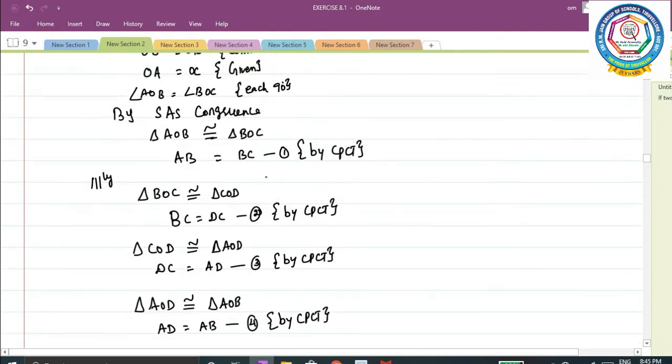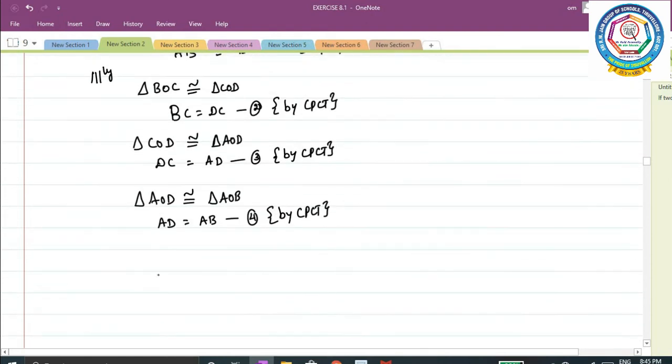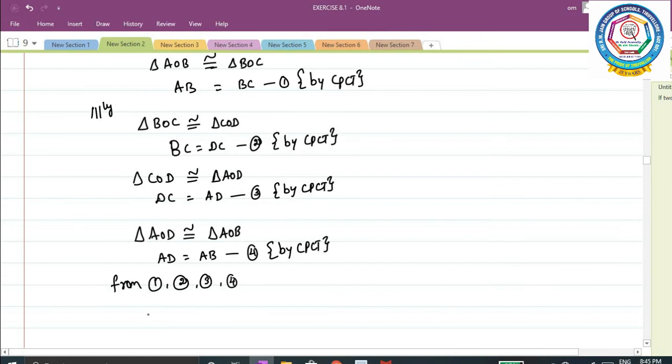Now from equation 1, 2, 3 and 4, we will get all sides are equal. So if you are comparing all the sides, AB equal to BC. Then BC is equal to DC.